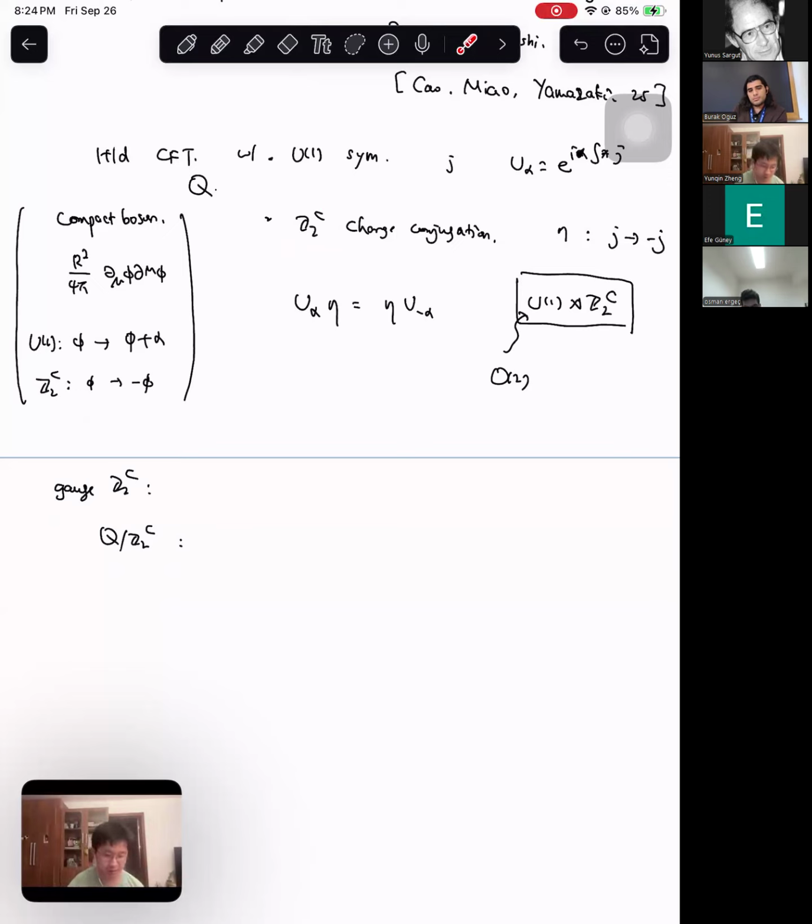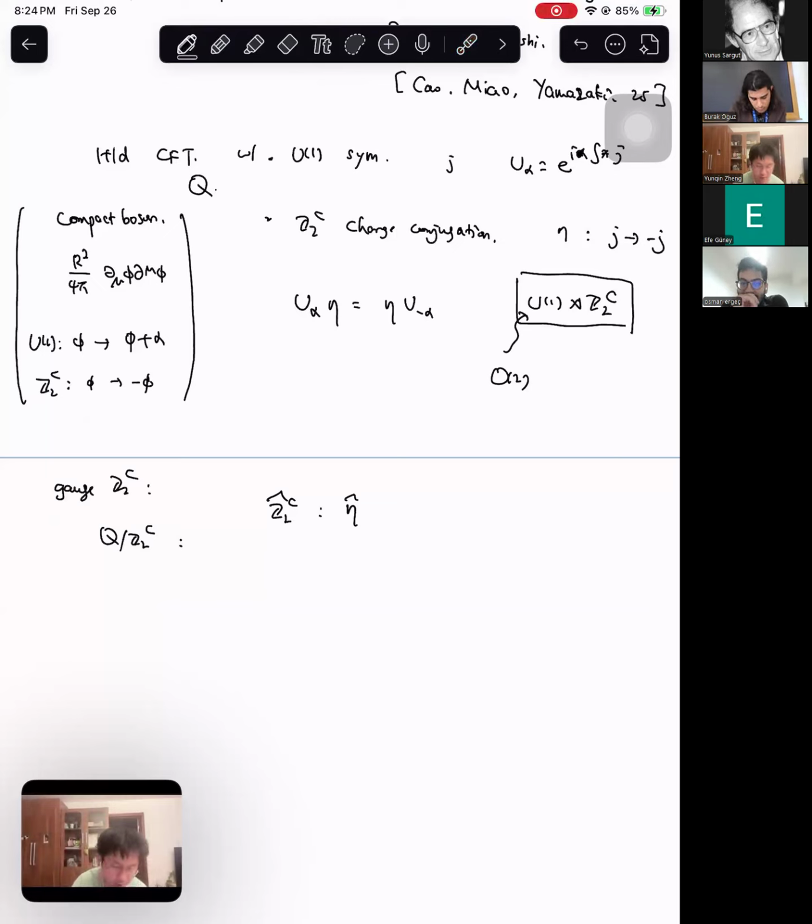But as you know very well, there's a quantum symmetry. So there is a Z2C hat quantum symmetry, whose symmetry operator I denote as eta hat. This is the quantum symmetry, which is well known. And then how about the U1?